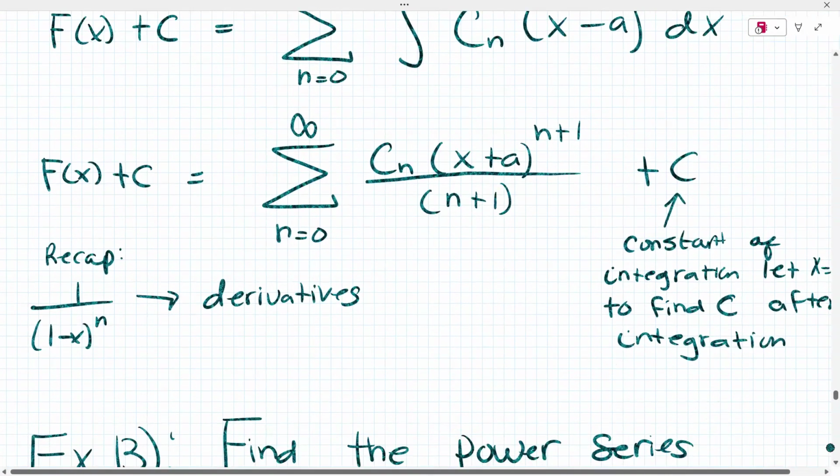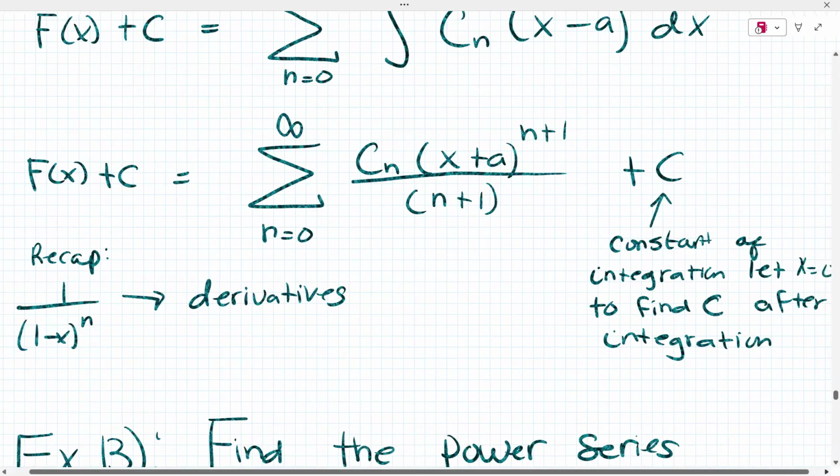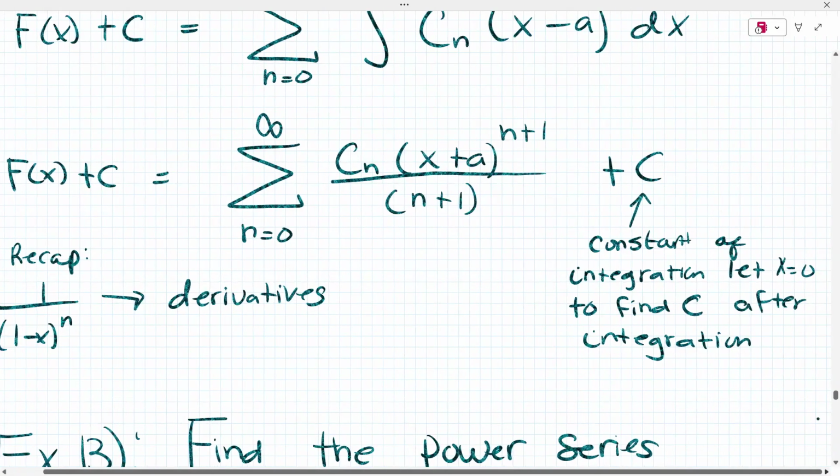And then big F of x plus C equals the summation from n equals 0 to infinity of Cn times x minus a to the n plus 1 over n plus 1. For the constant of integration C, let x equal 0 to find C after the integration.